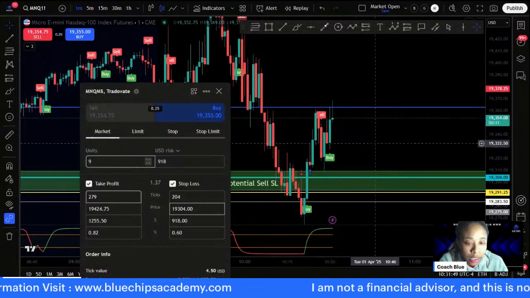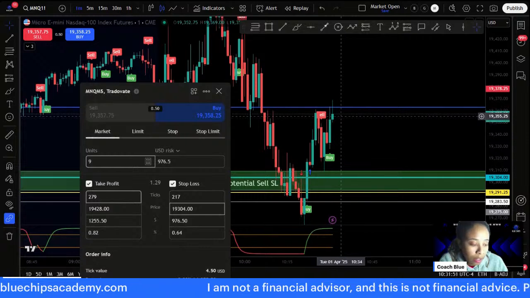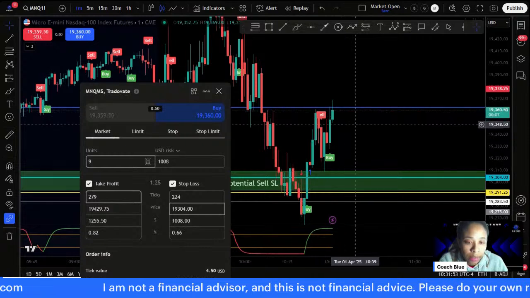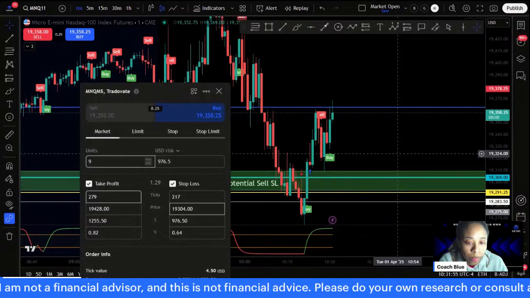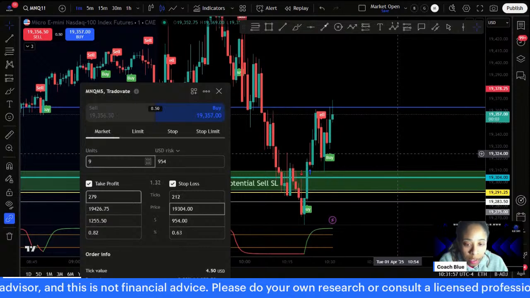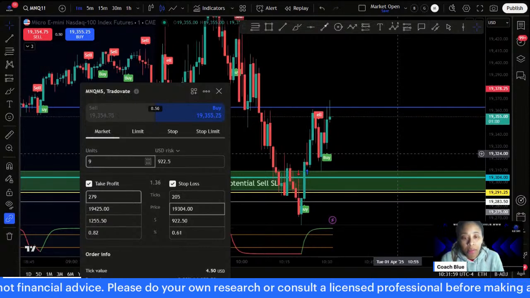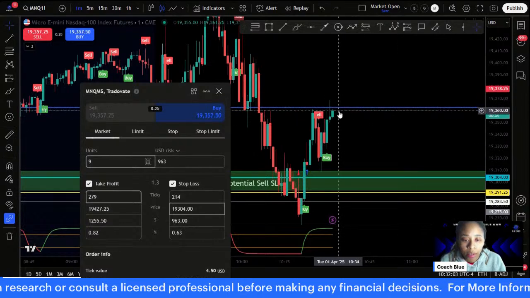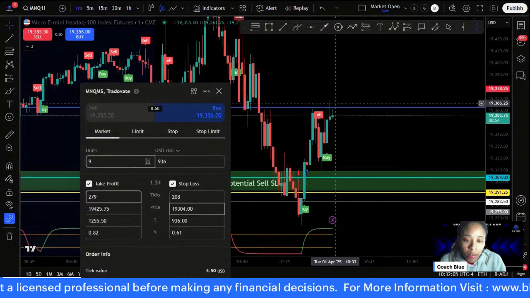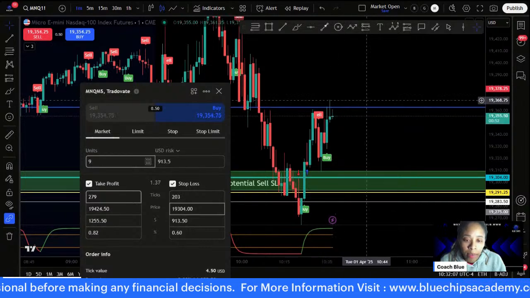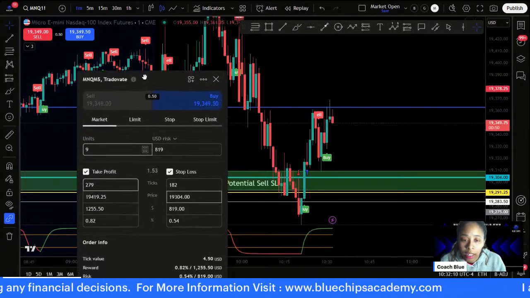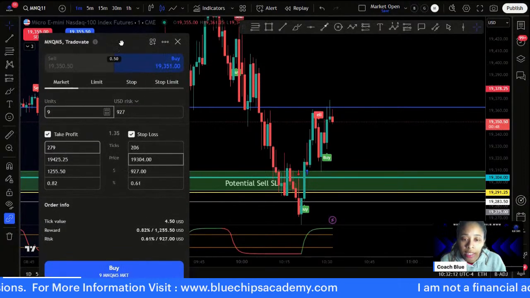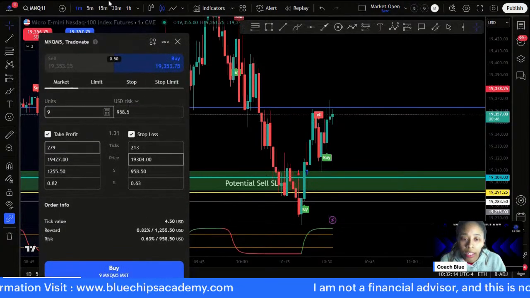Okay, 10 seconds left on this candle right here. Still haven't broken through this little line. We need to break through. If the candle closes above that, then I'll probably get in. But if it doesn't, then we're looking at something different here.